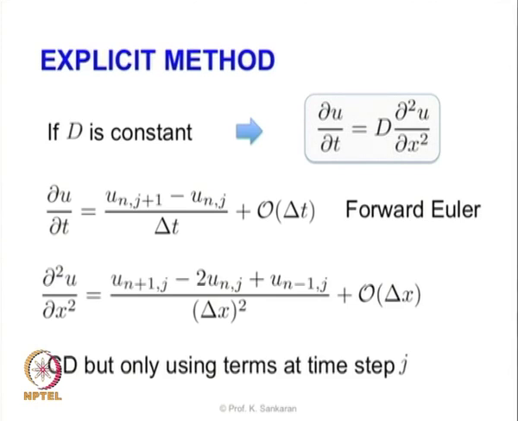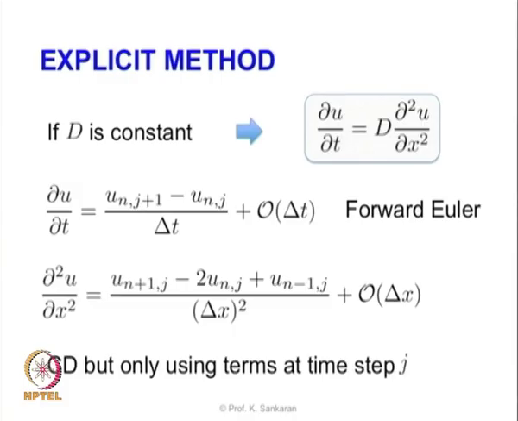So we are using the central differencing only using the terms at time step j, that is more important to know, and if we do that we can approximately equate the partial differential equation to the finite difference equation as follows.